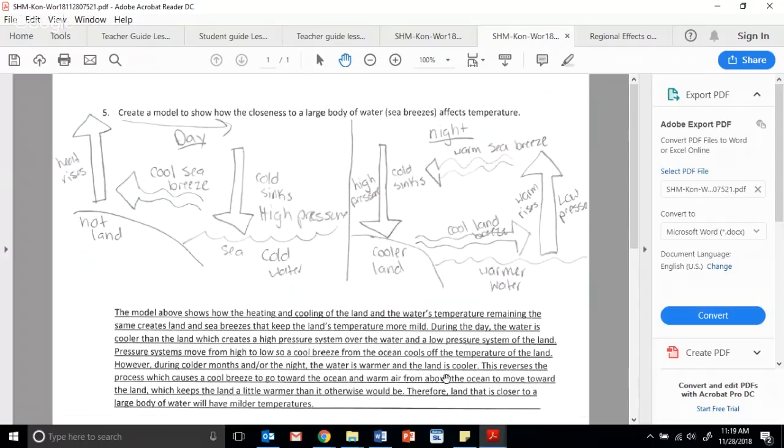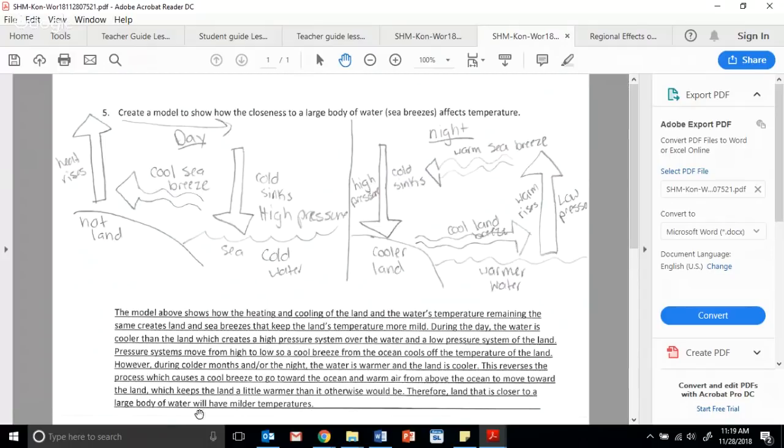The water is warmer and the land is cooler. So this reverses the process, which causes a cool breeze to go towards the ocean and warm air from above the ocean to move toward the land, which is going to keep the land a little bit warmer than it otherwise would be, okay? And then, so that's all the why the sea breezes affect, or the closeness to water affects temperature, and then here's the how.